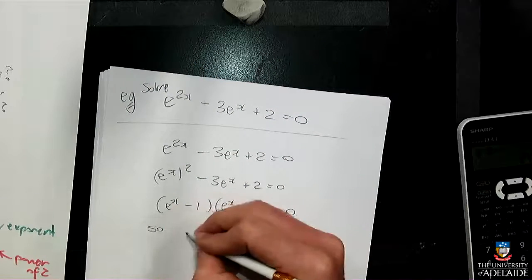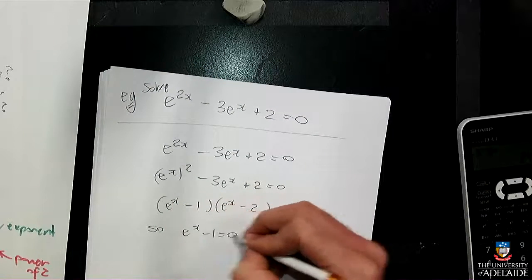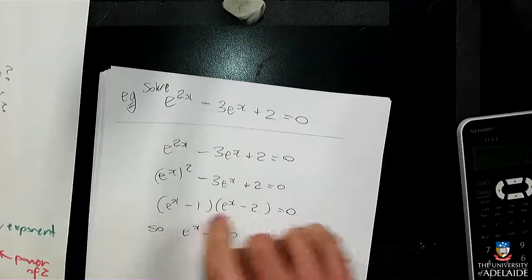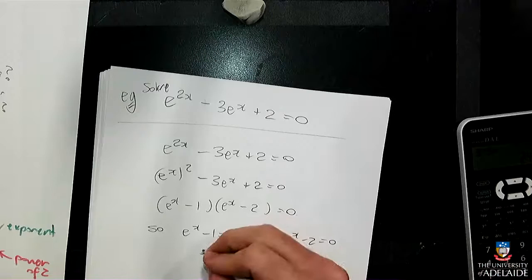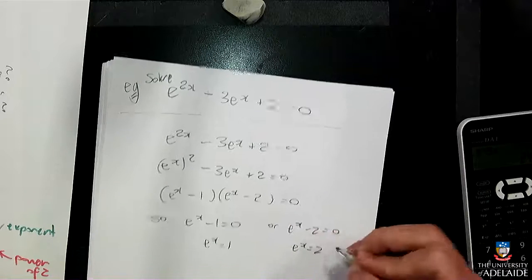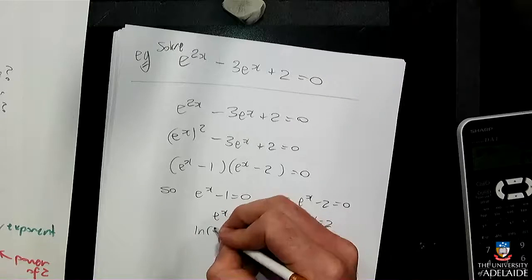Okay, so either e to the x minus 1 equals 0, or e to the x minus 2 equals 0, because if you multiply two things to get 0, one of them has to be 0. So e to the x equals 1, or e to the x equals 2. So we do ln on both parts.